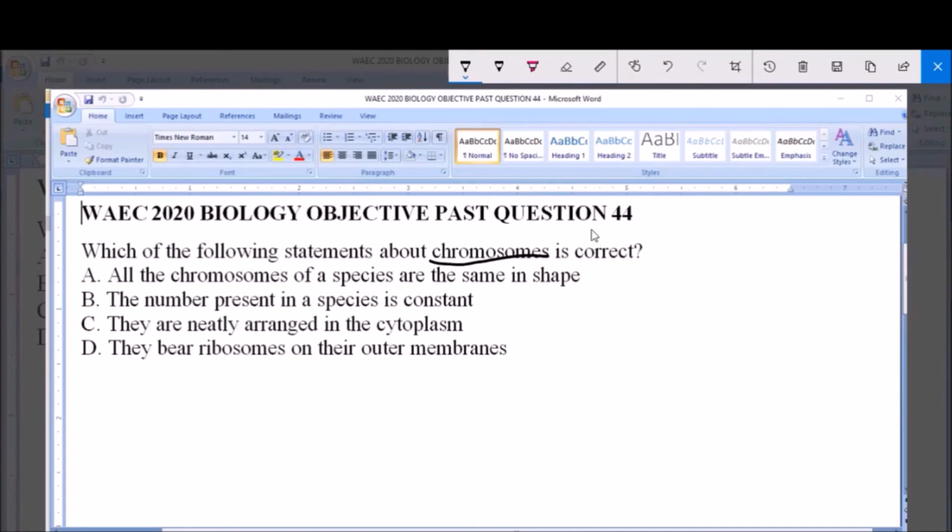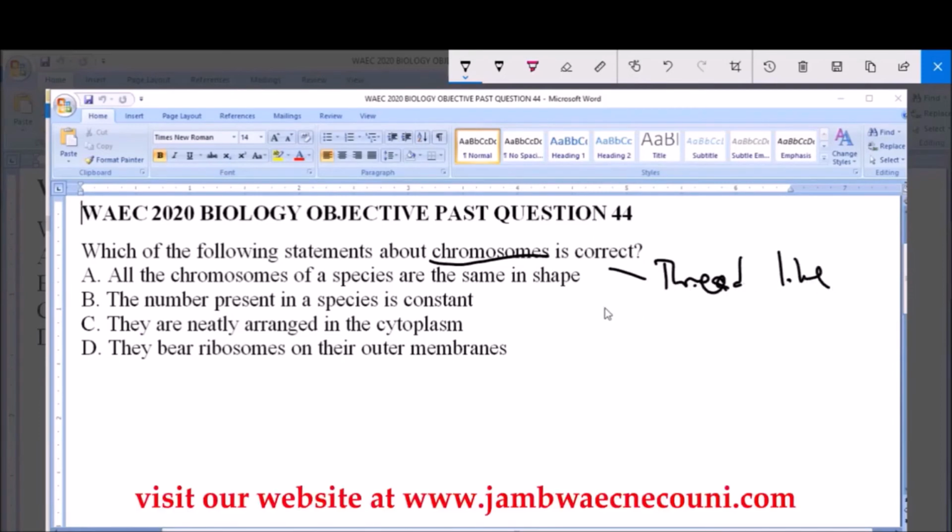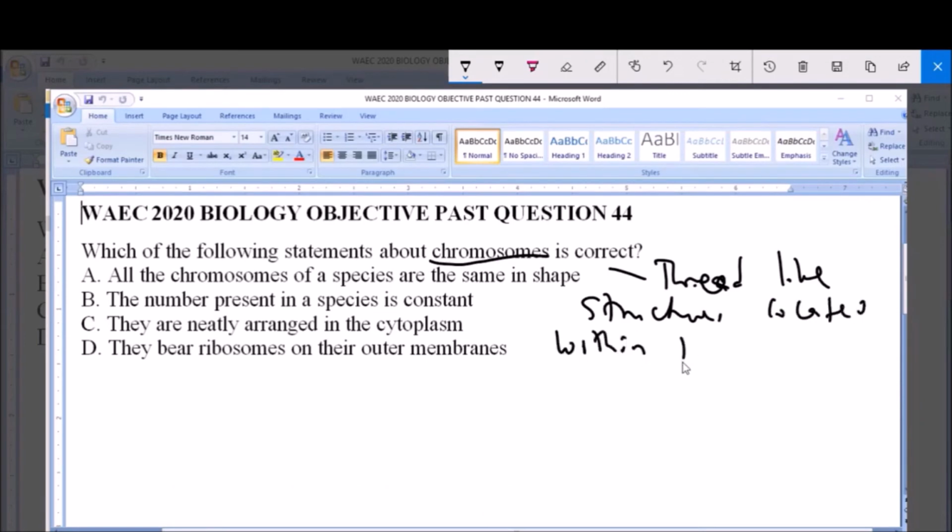Chromosomes are thread-like structures located within the nucleus of both plant and animal cells.